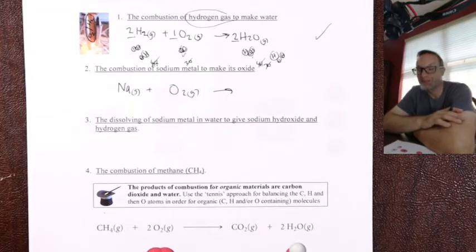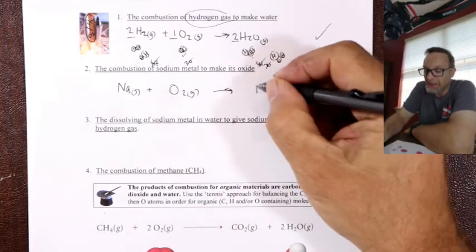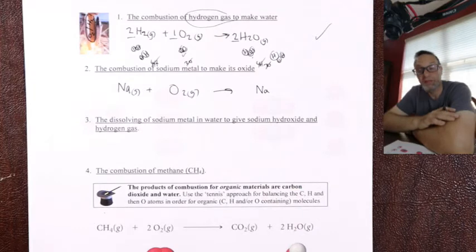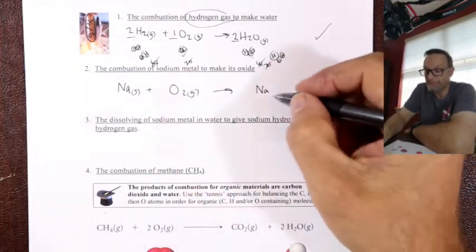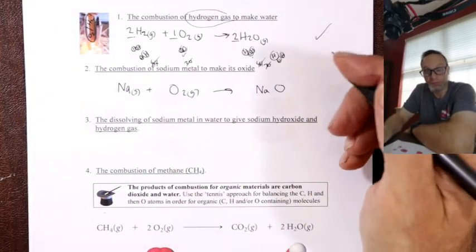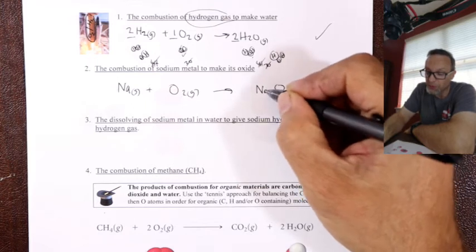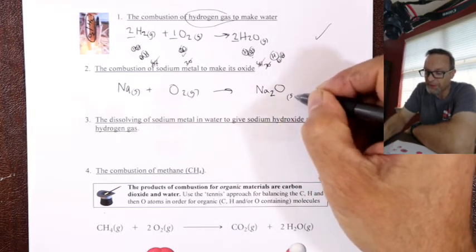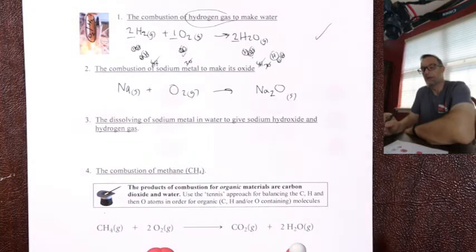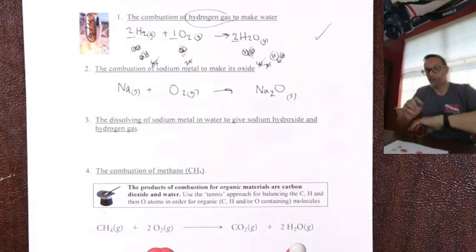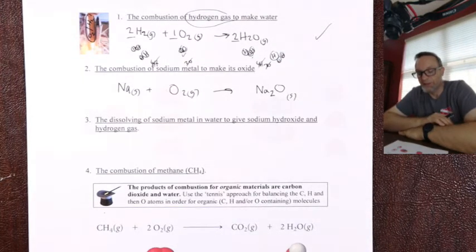NaO2, aren't you? But it's not right, is it? Think about it. What charge does sodium make? Group 1 makes +1, so that's going to be a +1 ion. Oxide makes -2. So I need 2 plus 1s to cancel the minus 2. And they're always solids. All right. So that's our unbalanced equation. Of course, it's not balanced.